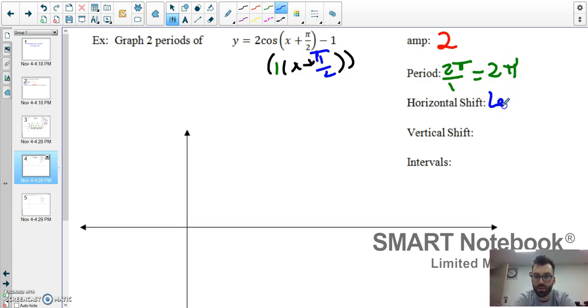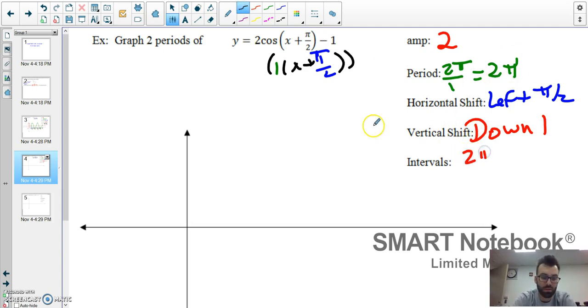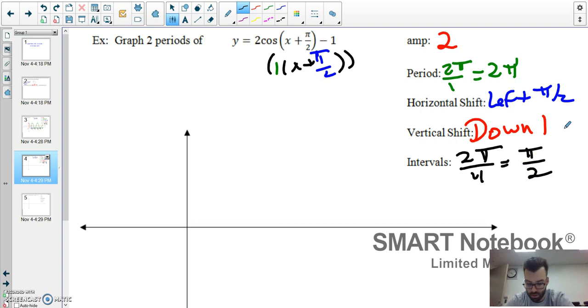Horizontal shift, we're going left, pi over 2. Vertical shift, we got that -1 on the outside, which means I'm going to go down 1. Intervals, 2 pi over 4, which is just pi over 2.